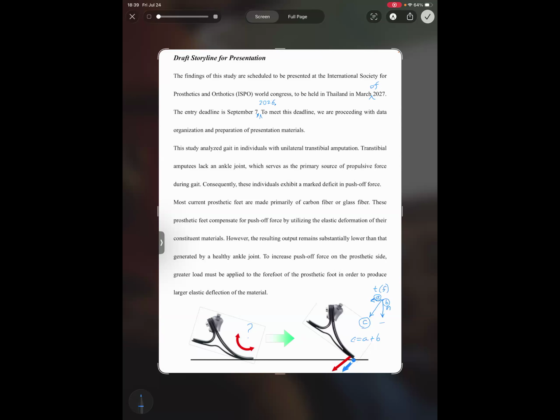Do you have a question? No, I have no question. Okay. The study analyzed gait in individuals with unilateral trans-tibial amputation.